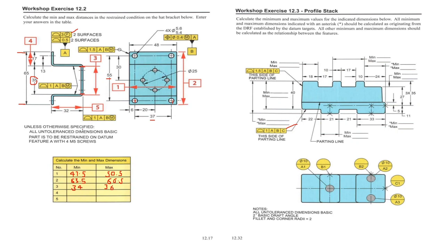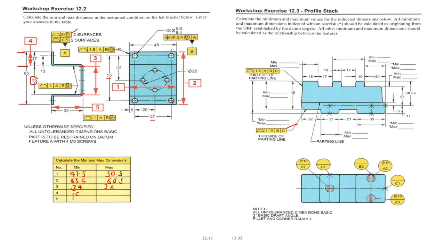Then for the fourth number, it's here this one, 17. So the dimension is 17, and the profile tolerance on this length is here this 1. So 17 minus 0.5 will be the minimum. It's 16.5.